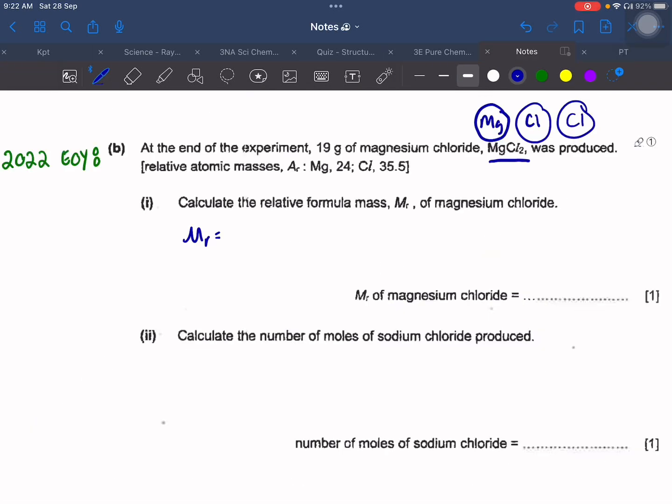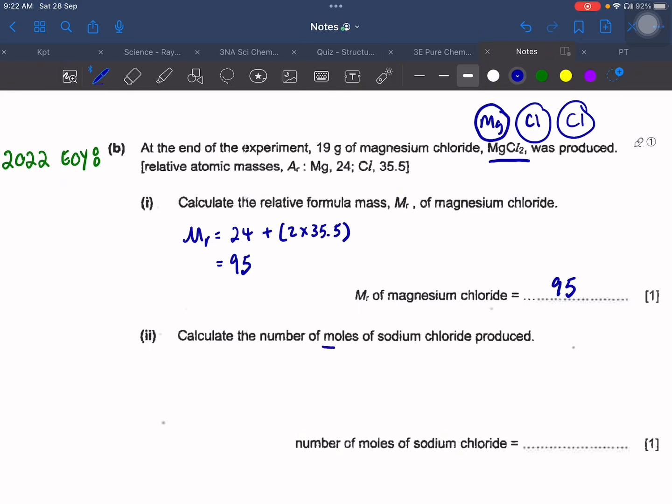So coming back to our paper, this will mean that it's 24 plus 2 times 35.5, and it should end up with 95. Do note that MR has no unit, right? It's just a relative formula mass. It has no unit. Just add up the mass numbers and that will be enough.